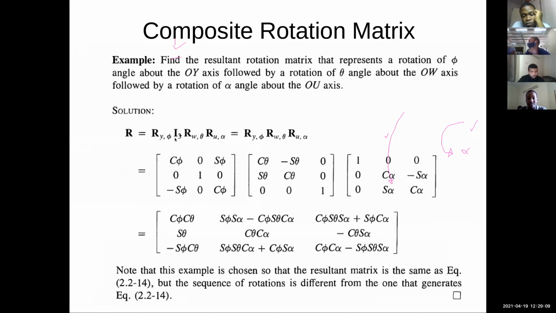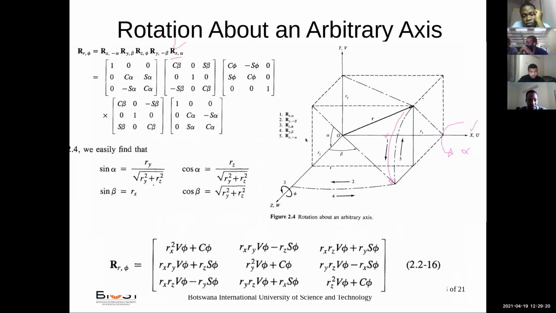Here we rotate from the identity with respect to the stationary axis. So this could be a reason: in this case we rotate with respect to the stationary axis, which means we can assign an identity matrix here, where you rotated with respect to x, the stationary axis.